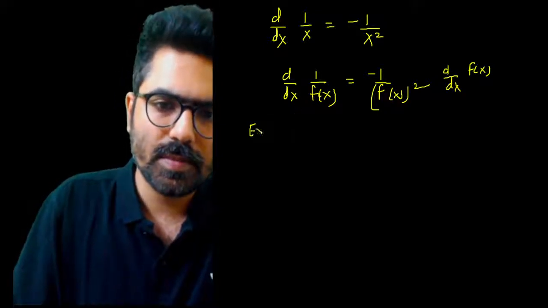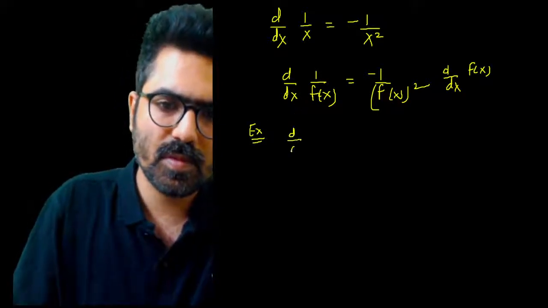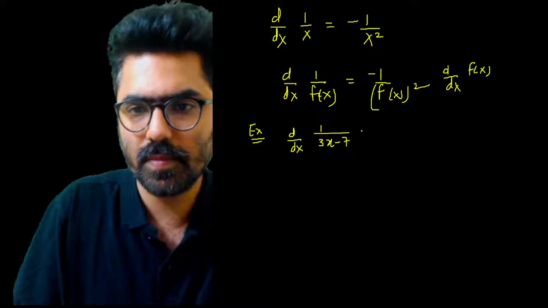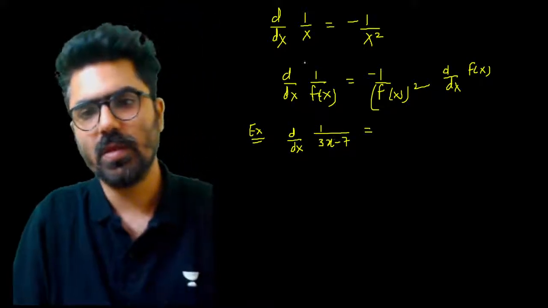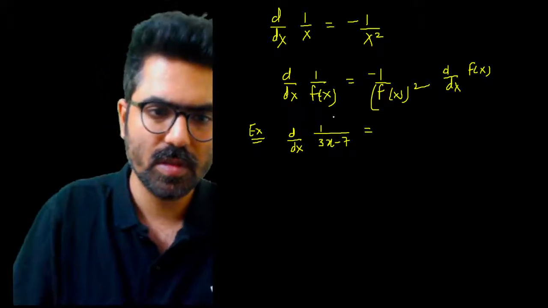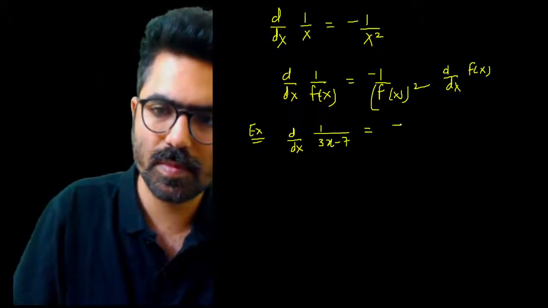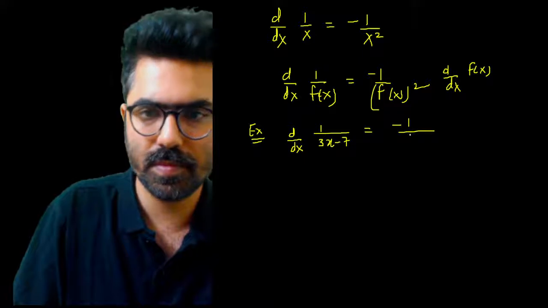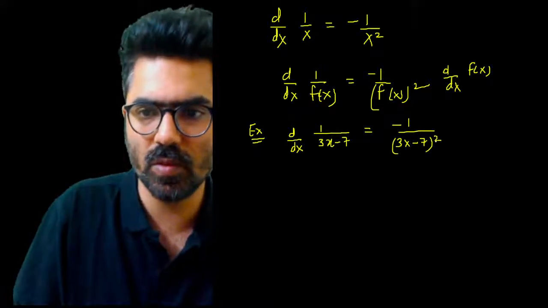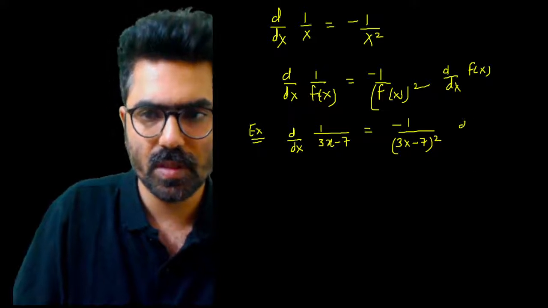Okay, let's take an example. Find the derivative of 1 upon 3x minus 7. Instead of x we have another function, 3x minus 7, here. So its derivative is minus 1 upon 3x minus 7 the whole square into the derivative of 3x minus 7.